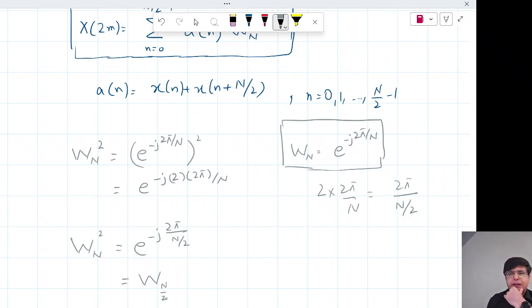Because what is W subscript N over 2? It's just e to the power minus j 2 pi over N over 2. And that is exactly what I have here. Does that make sense? So W subscript N to the power 2 is just W subscript N over 2.